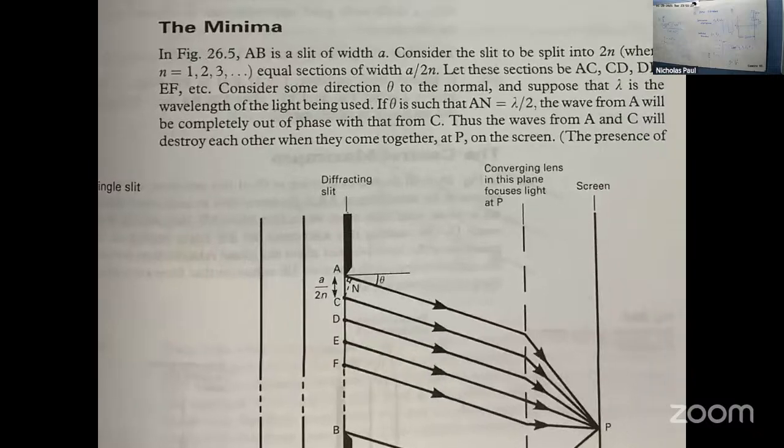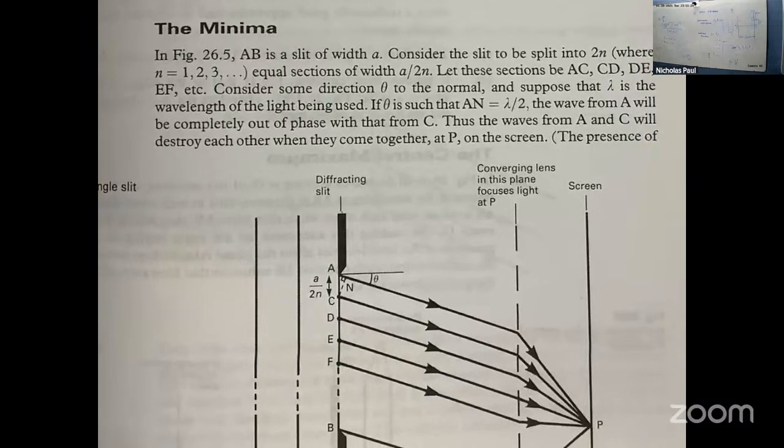It says that if theta is such that AN is lambda over 2, the wave at A will be completely out of phase with that of C, and the waves at A and C will destroy each other when they come together at P, hence the presence of a minimum.